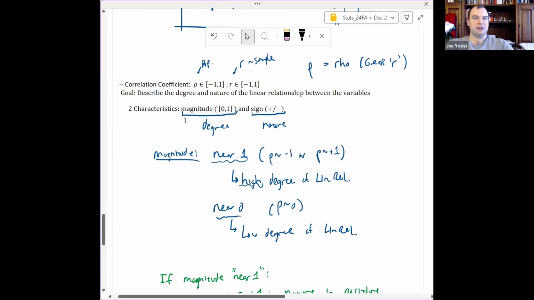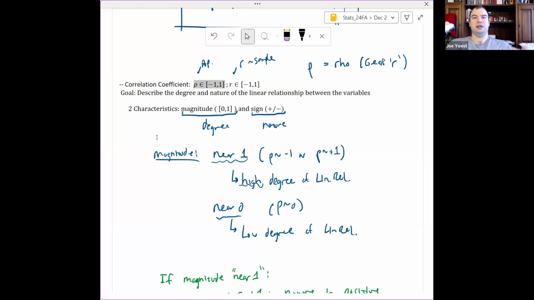If I have a very low degree of linear relationship, if my magnitude is near 0, I don't much care about the nature of that relationship. If the relationship doesn't exist, it doesn't really have a nature. However, if I have a high degree of relationship, if my magnitude is near 1, I could get a magnitude near 1 with a large positive number, say a number like 0.8, 0.9, 0.95, or with a large negative number, that would also give a magnitude near +1.